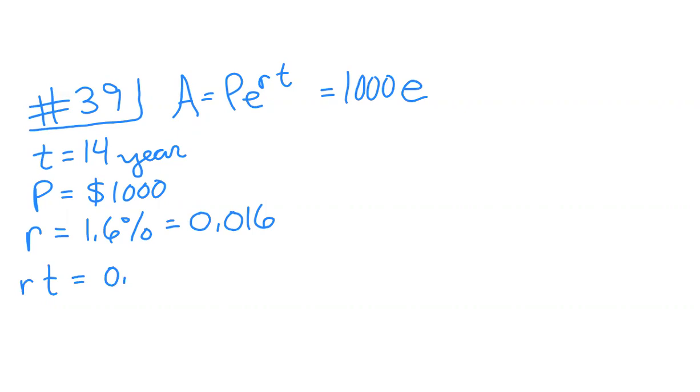So R being 0.016 times 14 years gives us an exponent of 0.224, right?